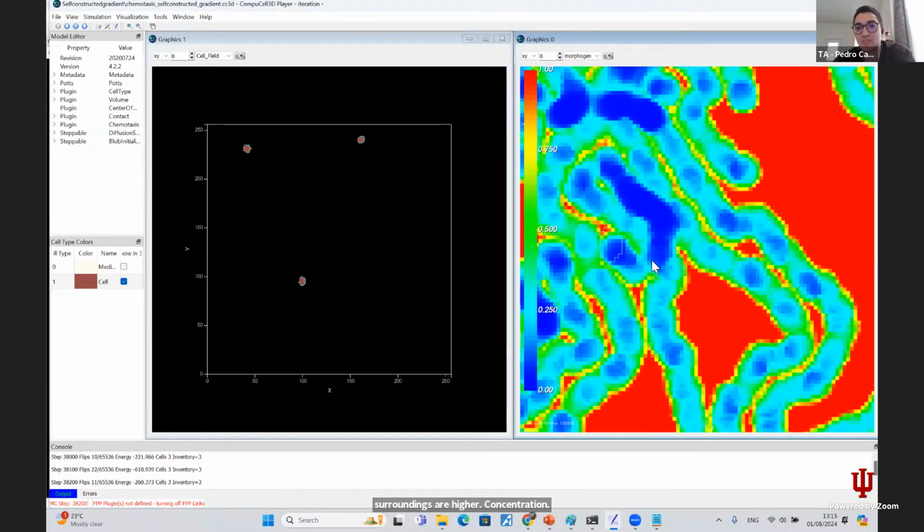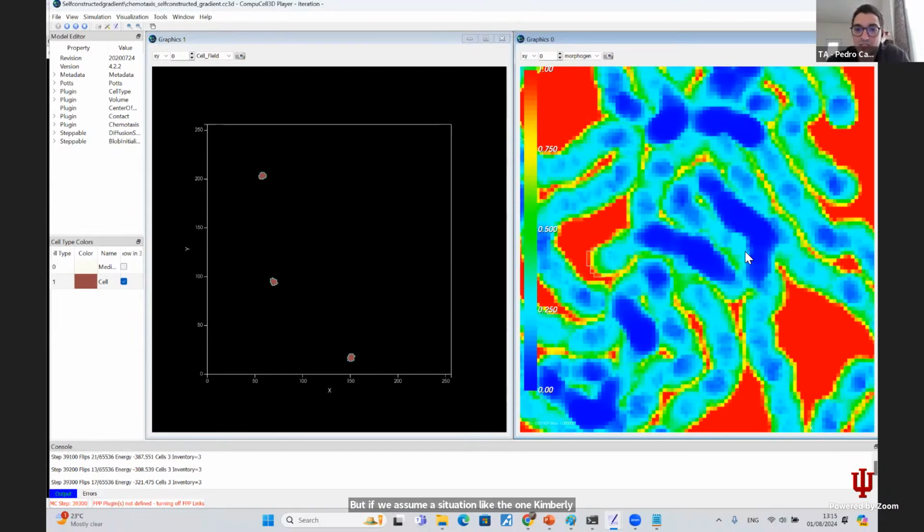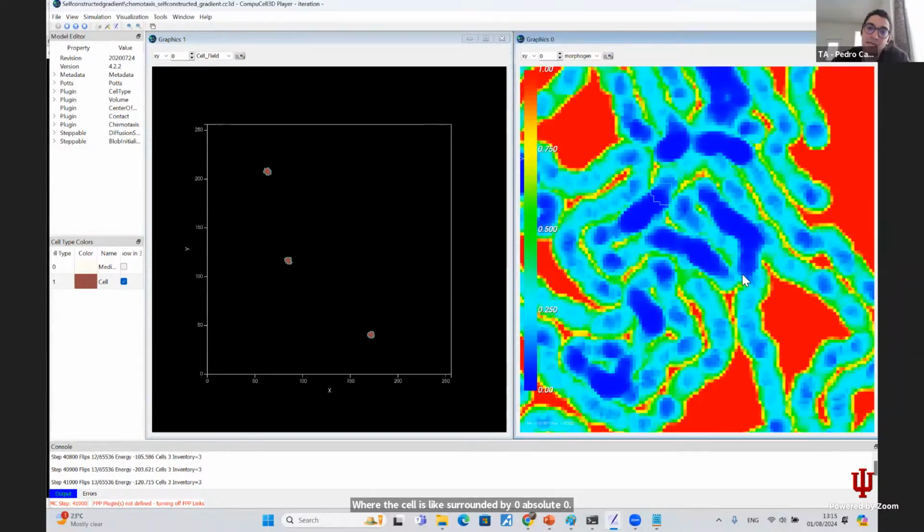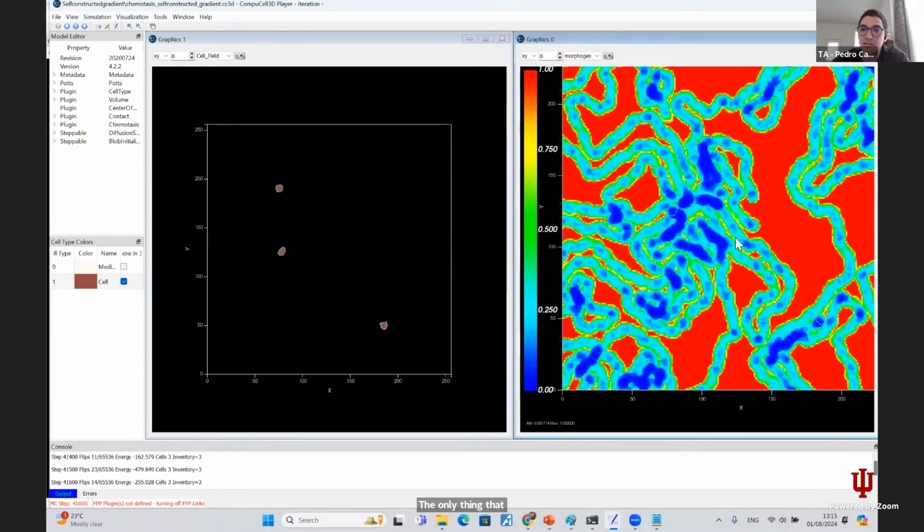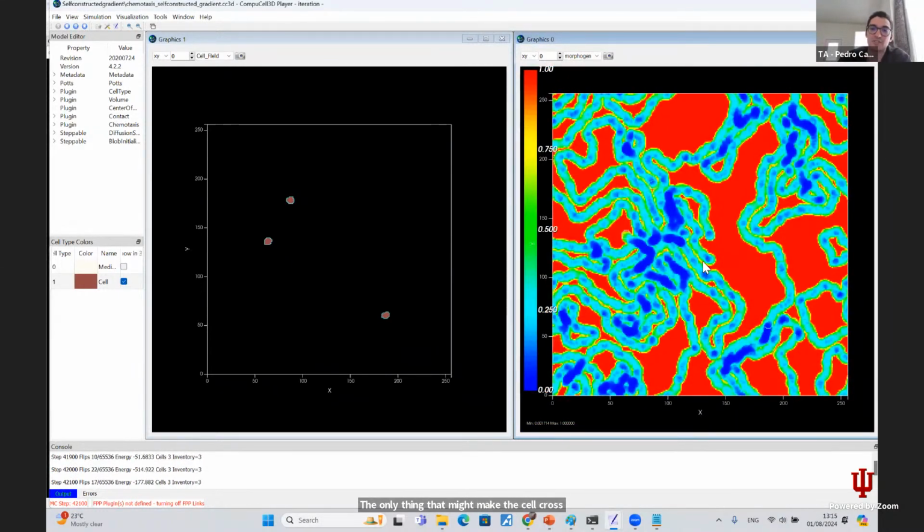But if we assume a situation like the one Kimberly described, where the cell is surrounded by absolute zero nutrient, the only thing that might make the cell cross these potential boundaries is random movement. If we introduce a random movement, an inherent persistent motion to these cells, it might probabilistically reach another region with nutrients available.